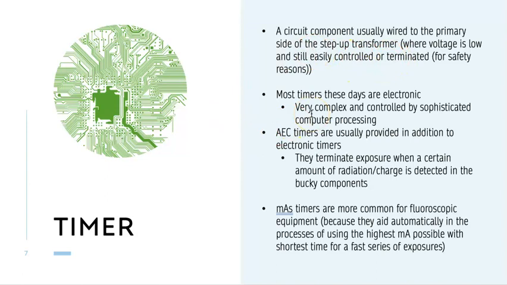Most timers these days are electronic, pretty complex and beyond the scope of what we're going to talk about, but just know that electronic is the most common type, and it's usually accompanied by AEC, which automatically terminates exposure when a certain amount of radiation or charge is detected in the Bucky components there. mAs timers are another form of timer, and they're pretty common in fluoroscopy equipment.